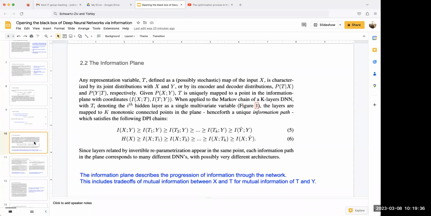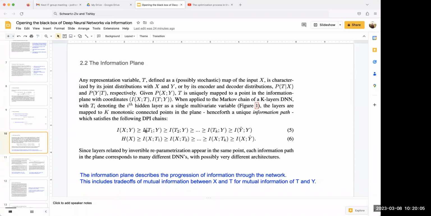So part of their analysis is to describe the progression of information through the network, and that includes the network T on the target data Y, or the layers of the network T1 through TK, which is 7 in this case. So they have 7 layers in their network.